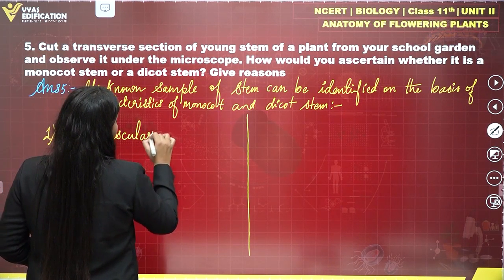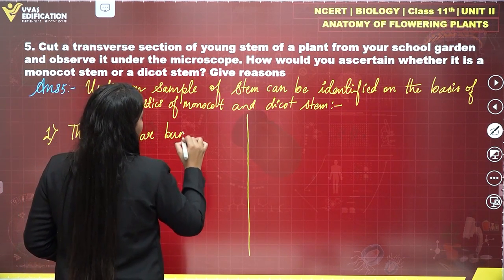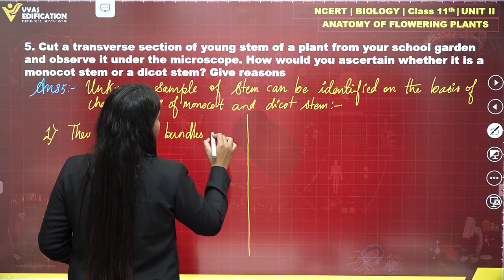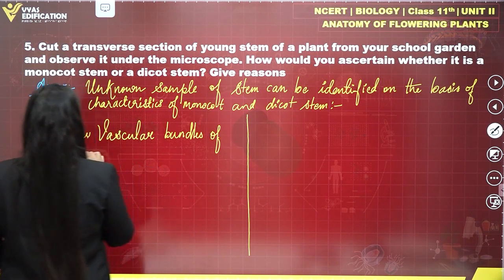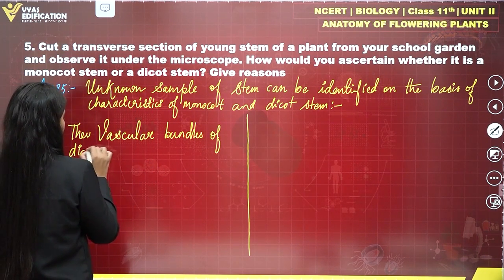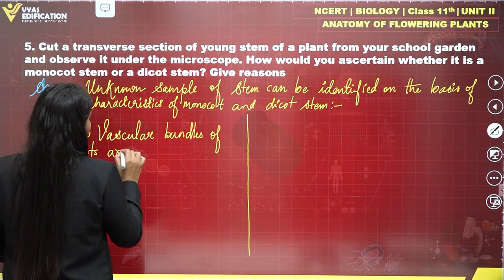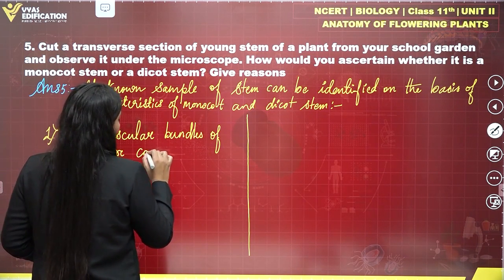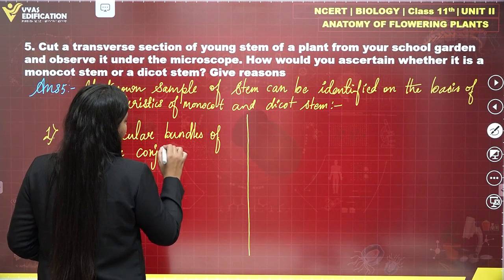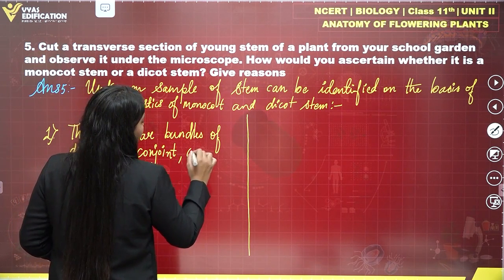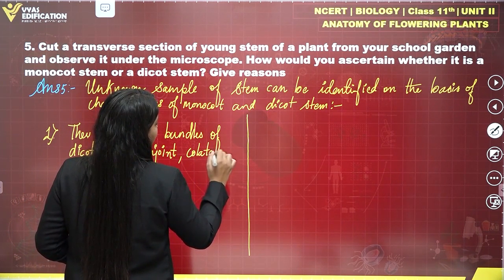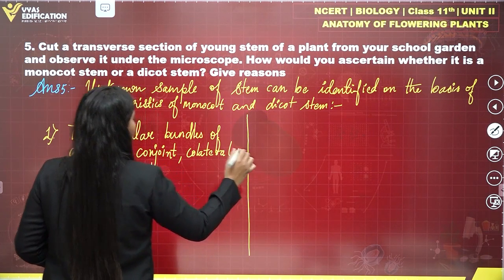Vascular bundles of dicots are conjoint, collateral and open.